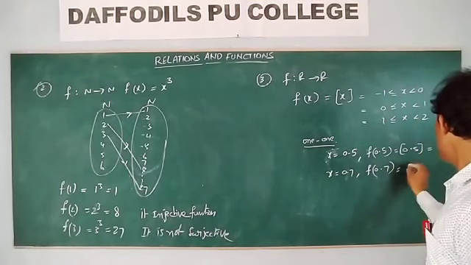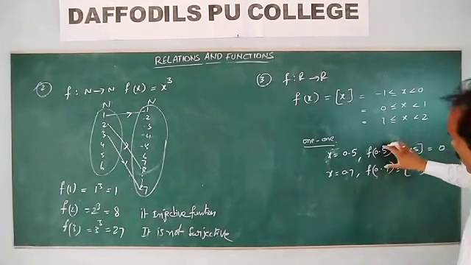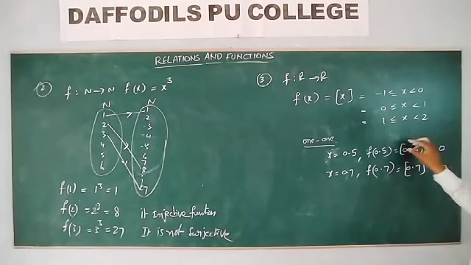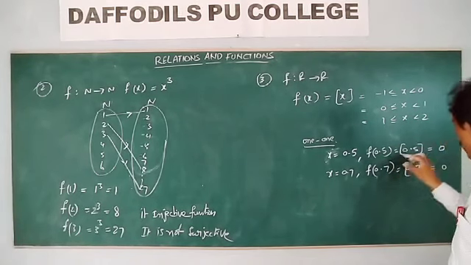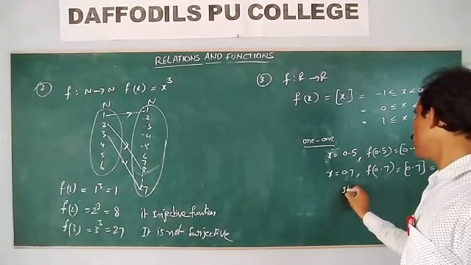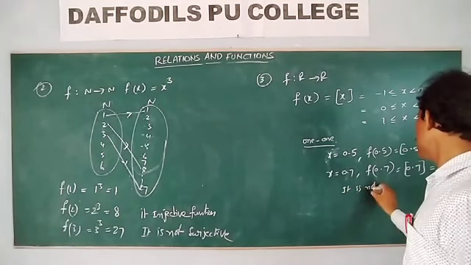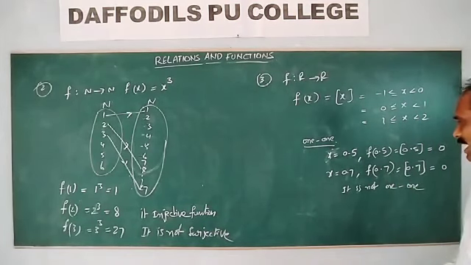This value also is 0. So different elements, same image. 0.5 gives answer 0, 0.7 also gives answer 0. That's why it is not one-one. Clear? Right.